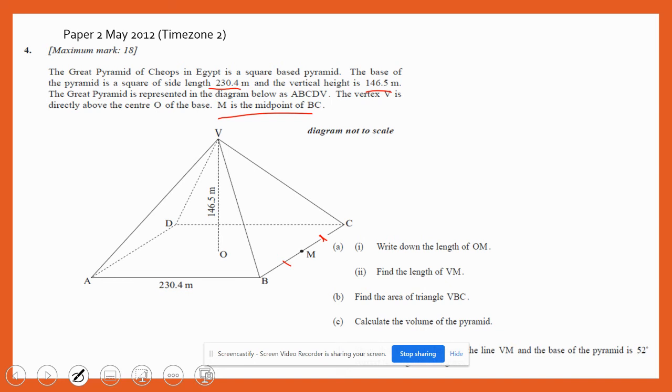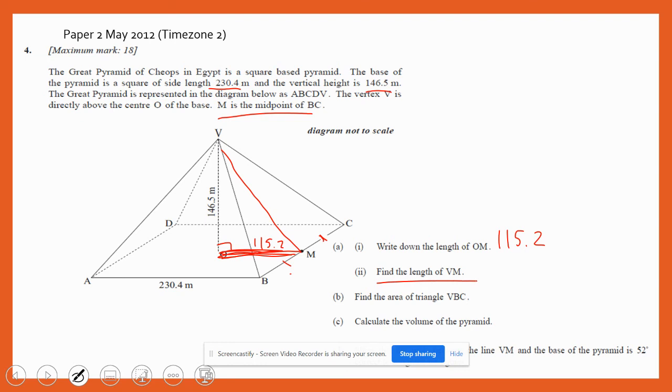So we have a nice pyramid. So there's a right triangle here. It says write down the length of OM. Well, OM is half the distance because it's right in the middle. So half of that, 115.2. They're going to lead you into what your next answer is.